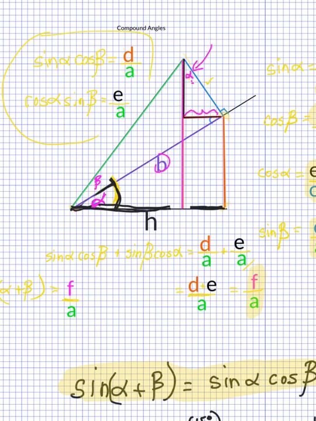We called that G. That's opposite over the hypotenuse, which is this blue line, this C. Okay, remember this is C here. Remember that this is G right here. And so it's G over C.